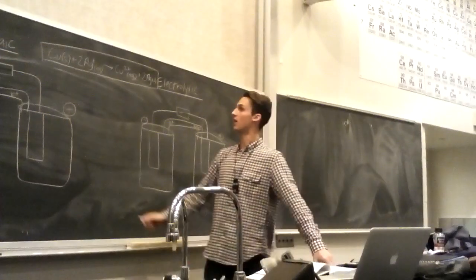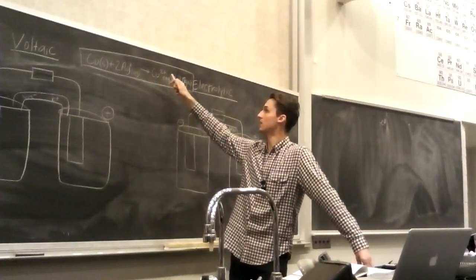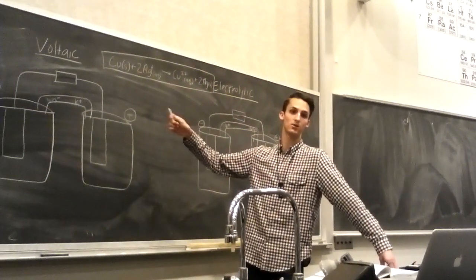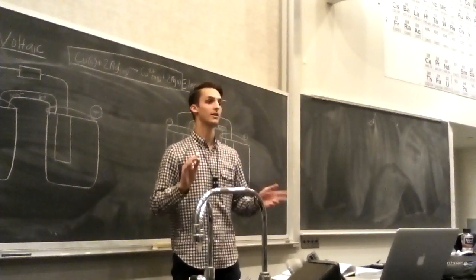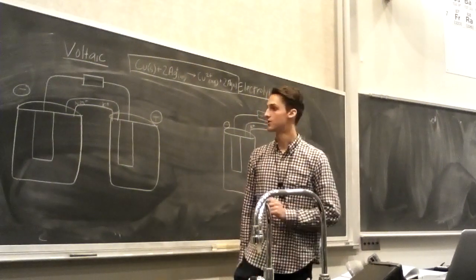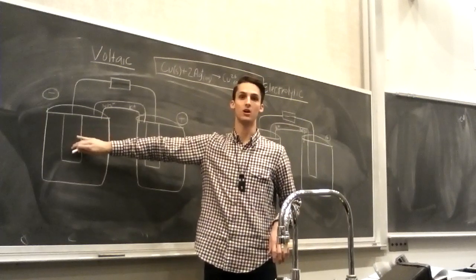So in my reaction here, I have copper being oxidized and silver being reduced. So let's do a voltaic cell first. I always start with voltaic cells, and then you'll see electrolytic cells that are very similar. It's just opposite in a couple areas. So the first thing, what is going to be the metal on my anode?